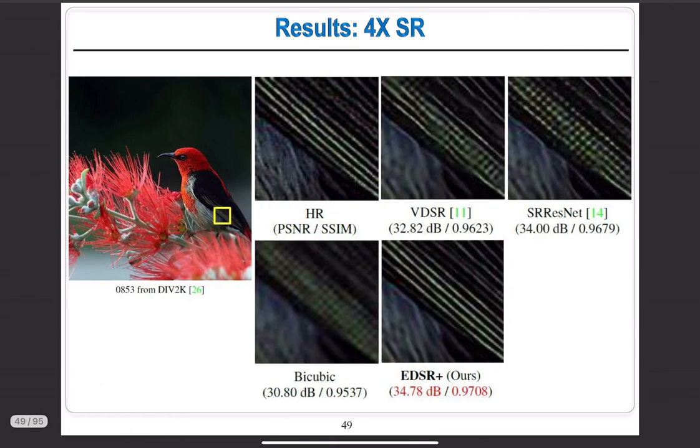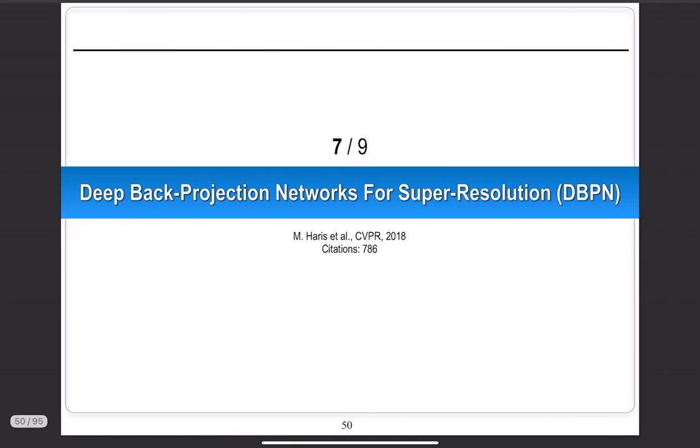And this slide shows the effectiveness of their proposed method, much better than before. And we will briefly talk about DBPN, which stands for Deep Back Projection Network, which was introduced by maybe Haris in CVPR 2018.